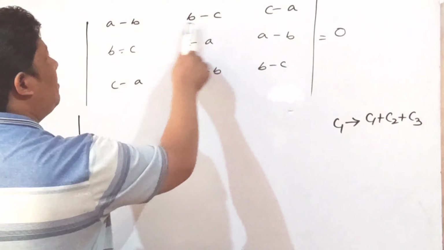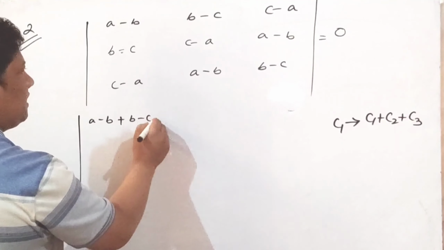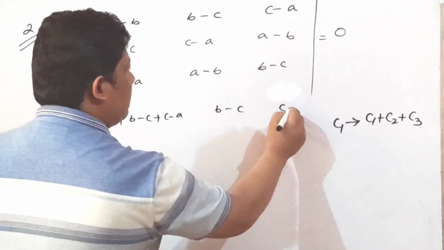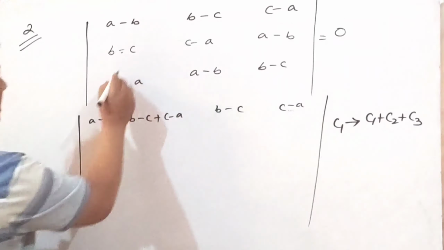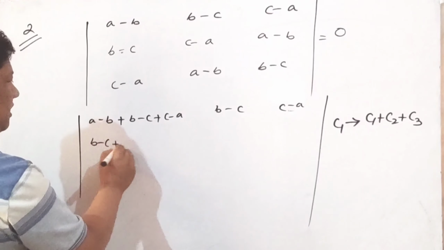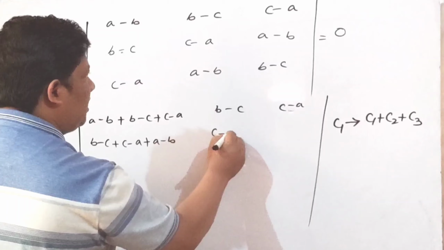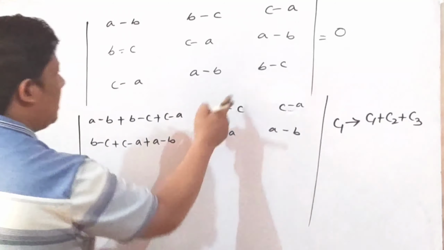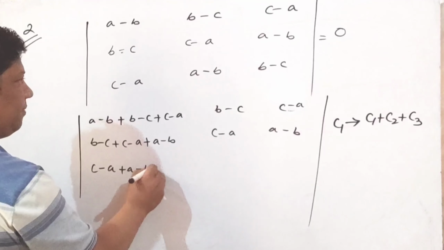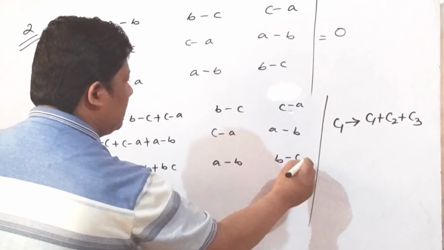That means when you add these three numbers, A minus B, B minus C, C minus A, and in the next row B minus C, C minus A, A minus B, and again C minus A, A minus B, B minus C.